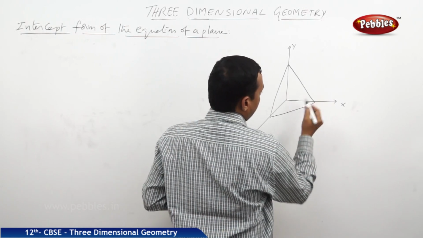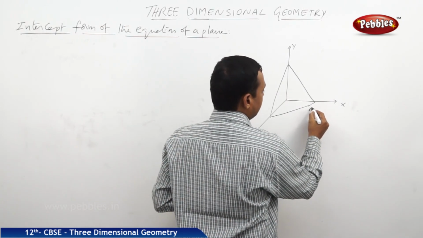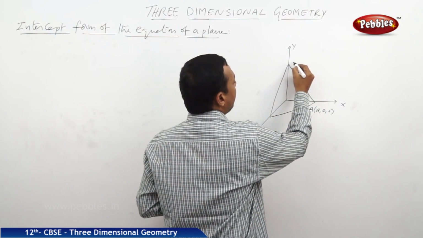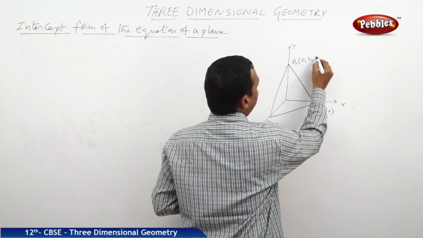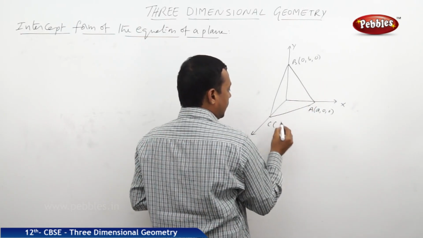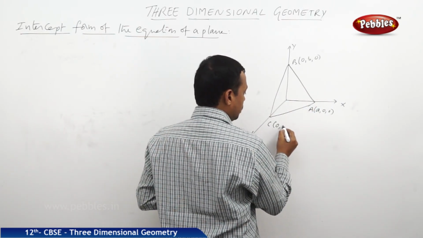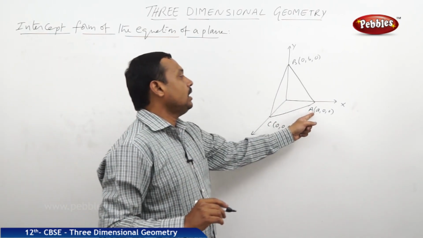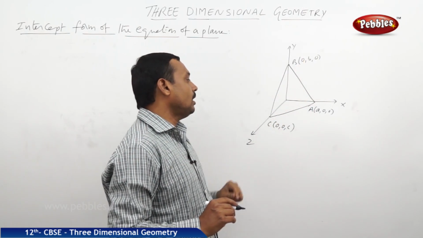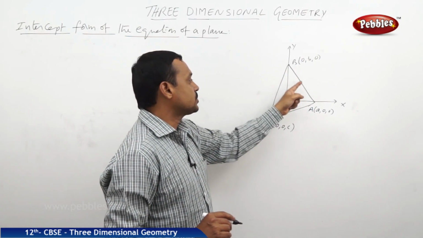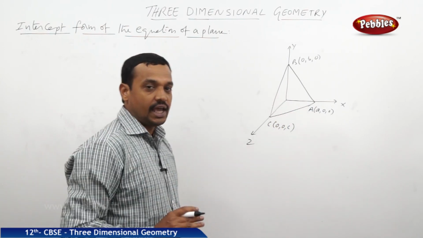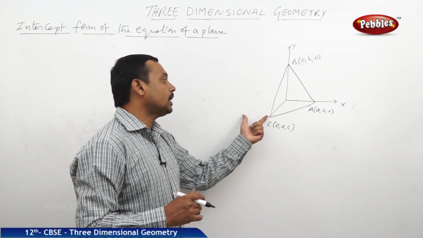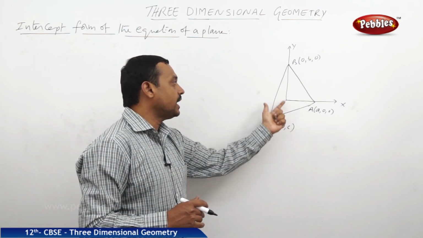So this plane cuts the x-axis at (a, 0, 0), the y-axis at (0, b, 0), and the z-axis at (0, 0, c). Now a, b, c are the intercepts of the plane on the coordinate axes. Now let us find the equation of this plane in the intercept form.